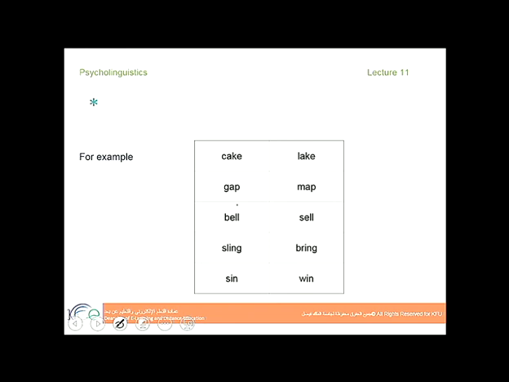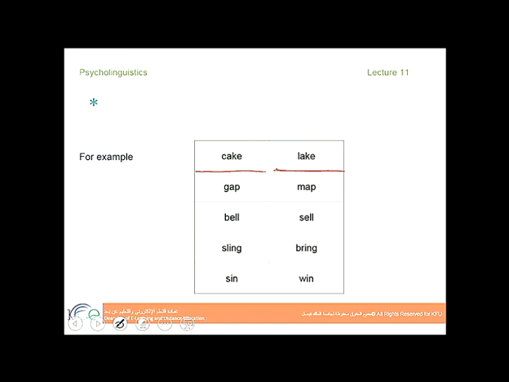So here are some words. First of all, cake followed by lake. Now my question is, if we show participants the word cake, and then we ask them, is it a word?